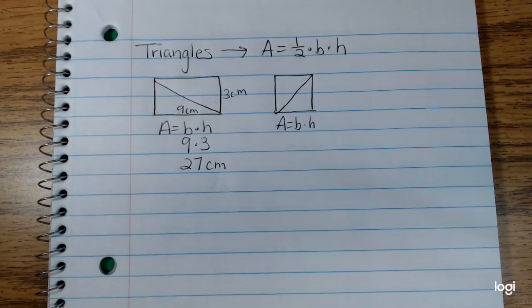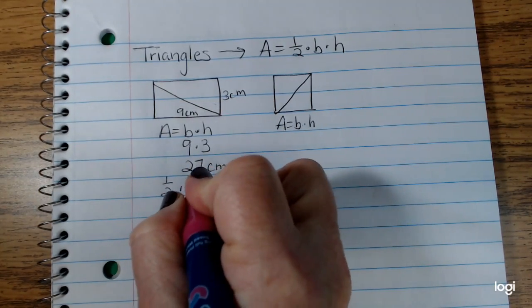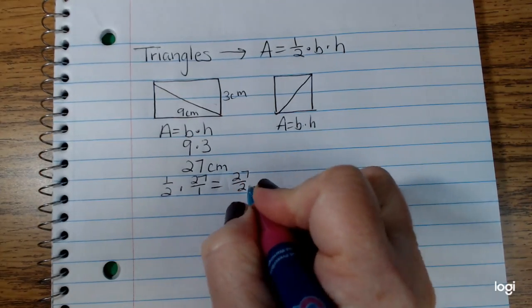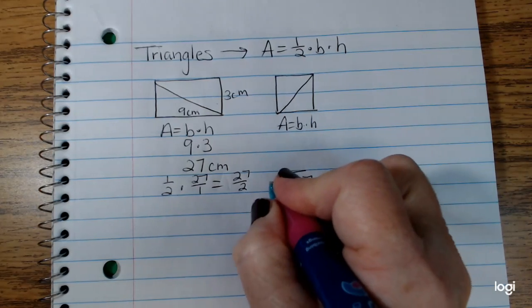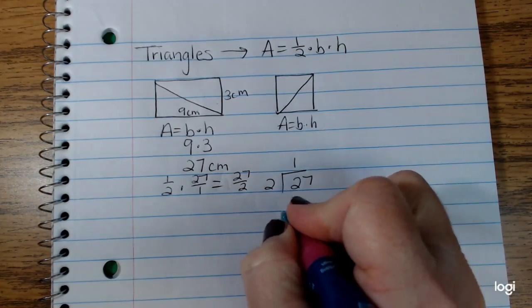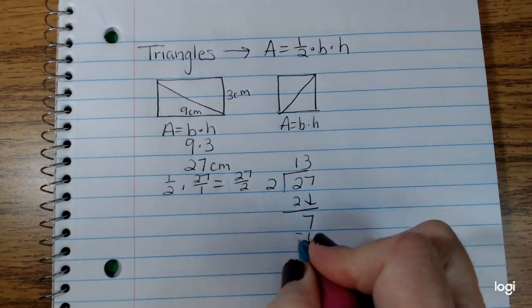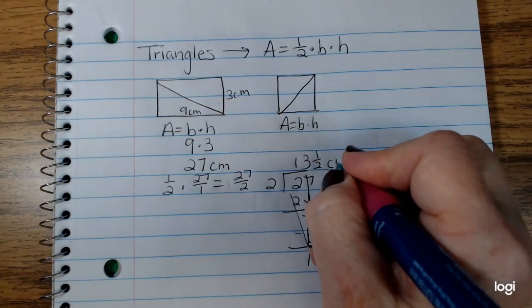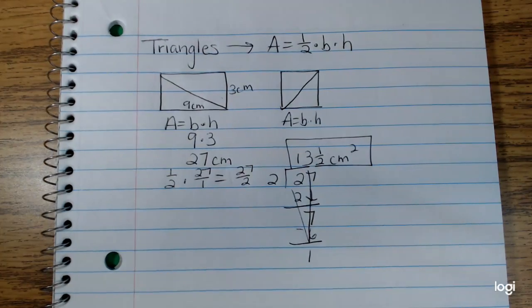So I'm going to take 27 times a half, which means I'm going to get 27 over 2. So I'm taking 27 and dividing it by 2. And I get an answer of 13.5 centimeters squared for the triangle.